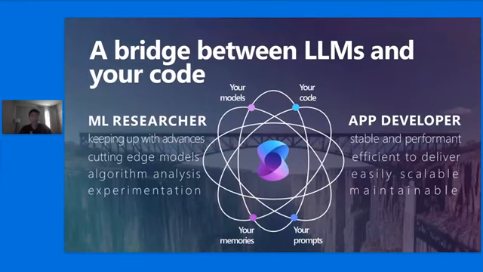So if you see here, semantic kernel is in the middle. On the left side, you see the people that create the models, the people that are researching and creating AI, because people like OpenAI, Azure are service providers.